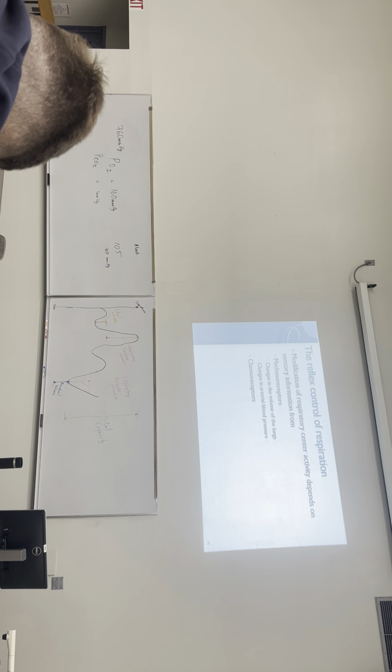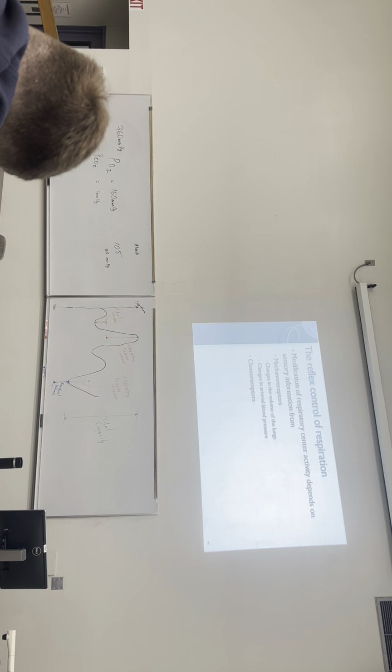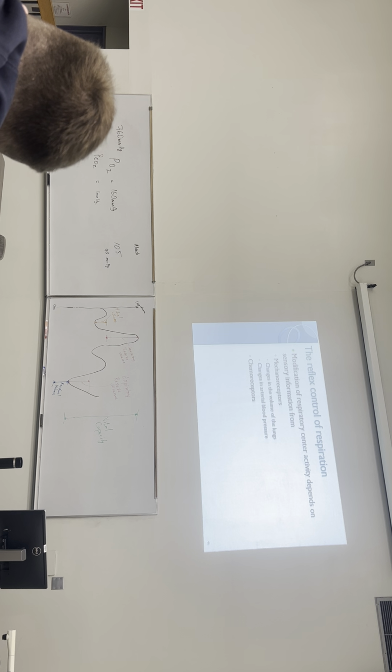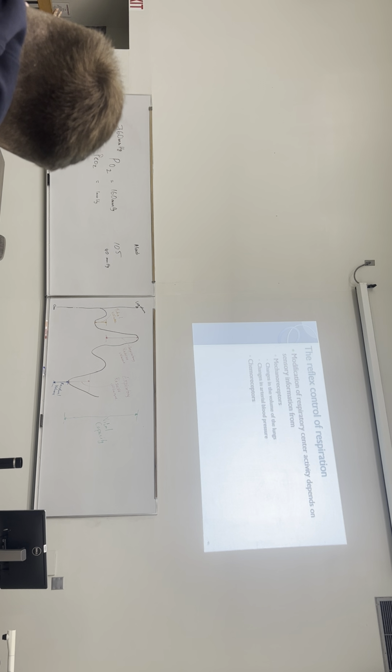If there's an area that's supplied with more blood, we want that area also to be supplied with more air, so we have a good exchange. If an area isn't receiving a lot of blood, we'll constrict the bronchioles to that area and not supply it with a lot of air.